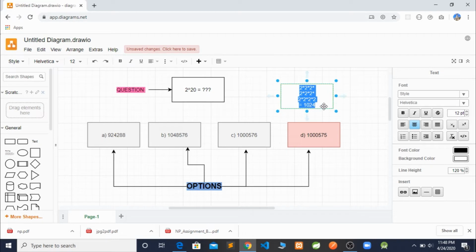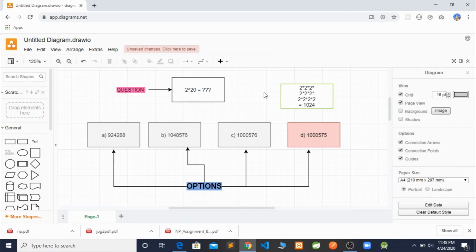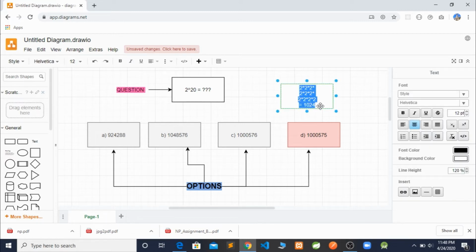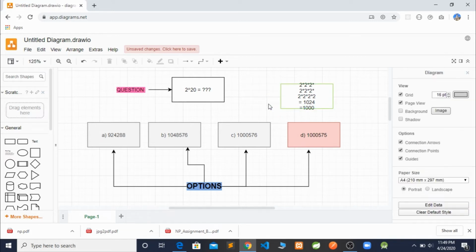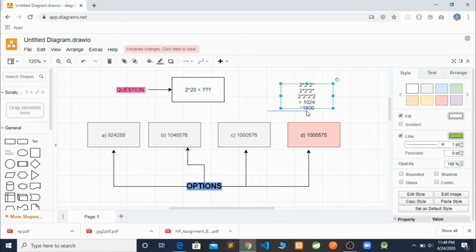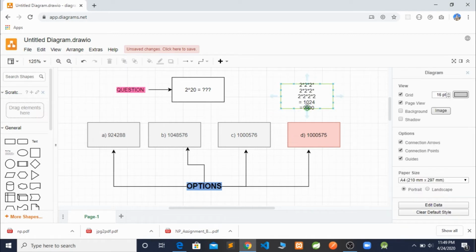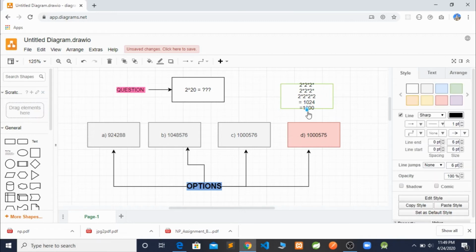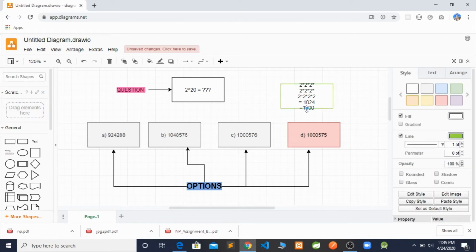Let's make a pause here and convert it into thousands, because a thousand is pretty close to 1024. So 1024, and okay, let me expand this. Sorry, I'm not able to expand it.